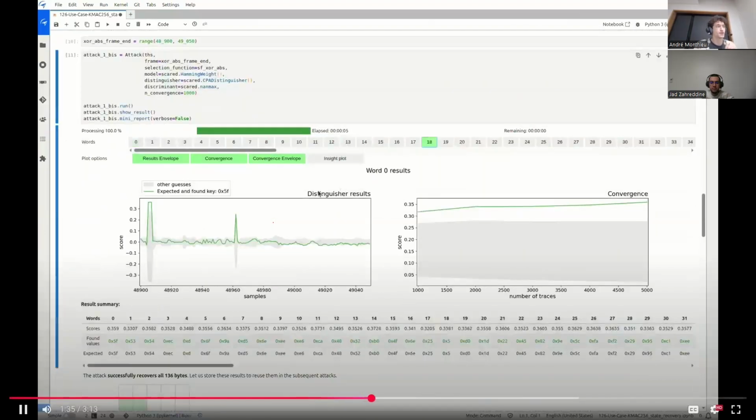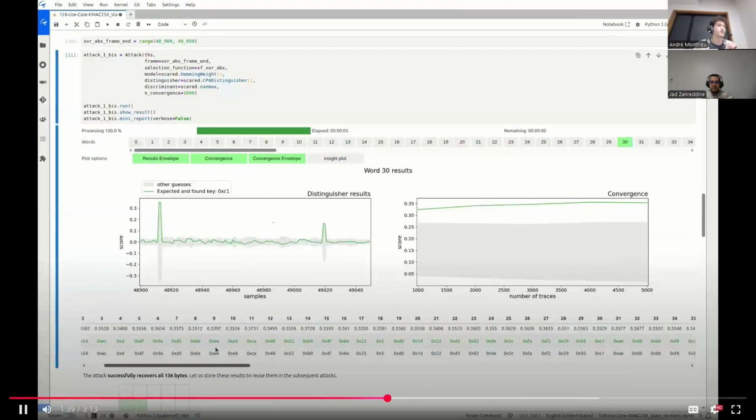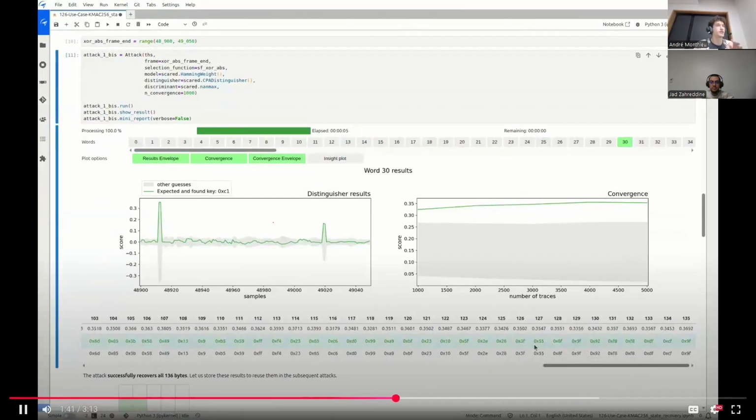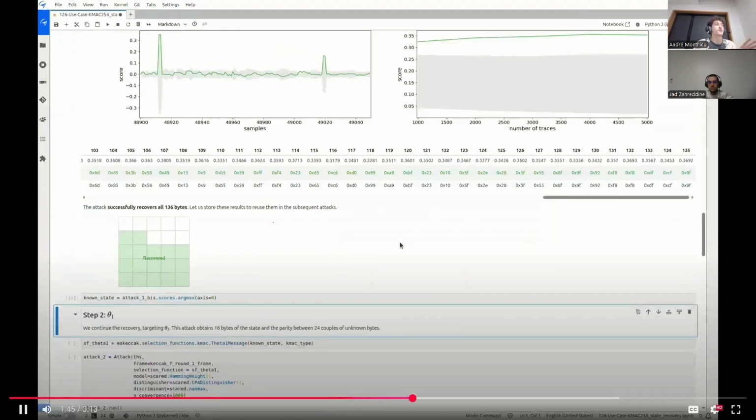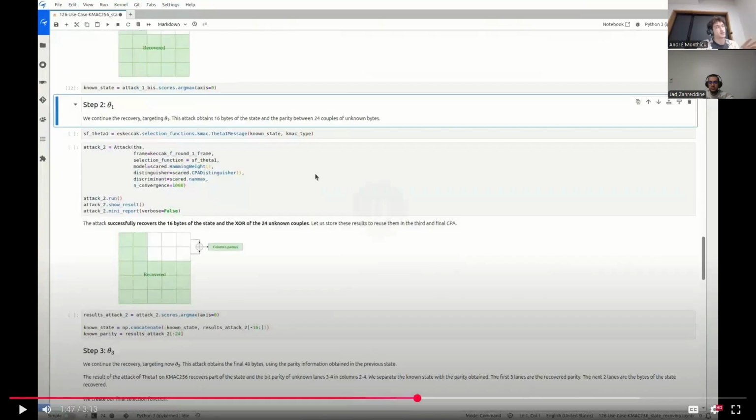It's all green. We look at different bytes, let us look at all of them, and every byte has been recovered. So we have recovered 136 bytes. We store the results and we move on to step 2, theta 1.